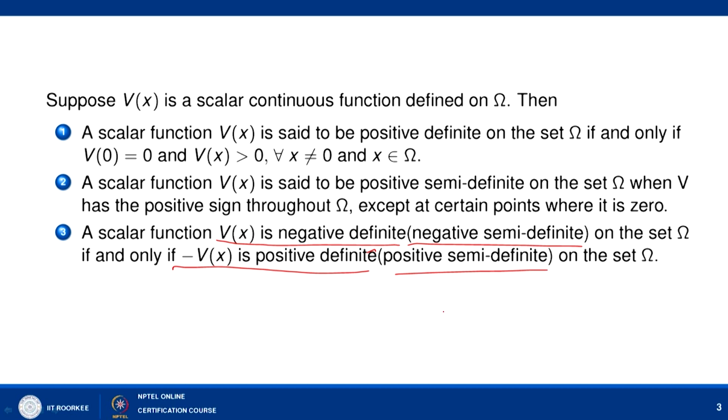So, if V(x) is positive definite, then minus of V(x) is negative definite, and if V(x) is positive semi definite, then minus of V(x) is negative semi definite. In this way we can define positive definite, positive semi definite, negative definite and negative semi definite.